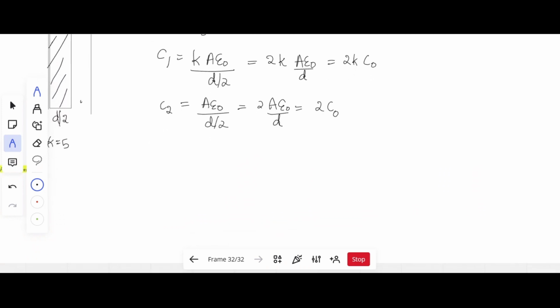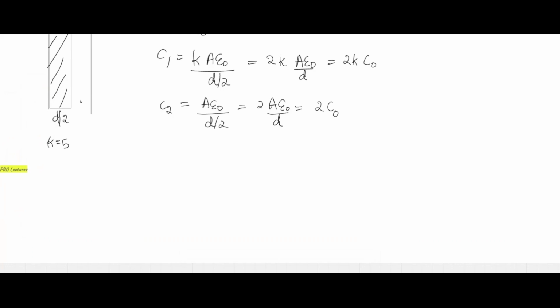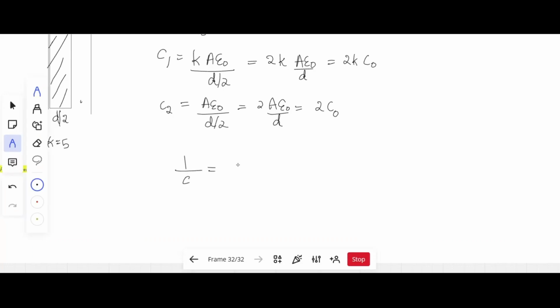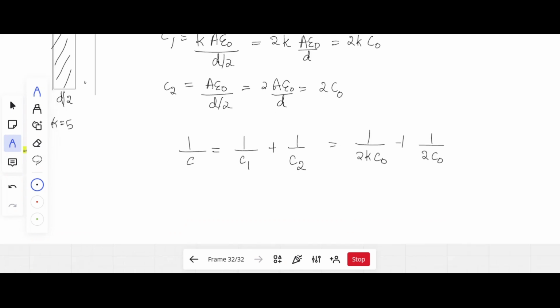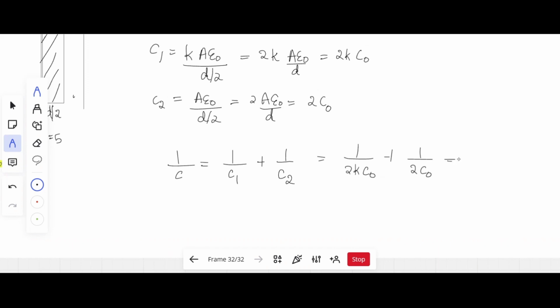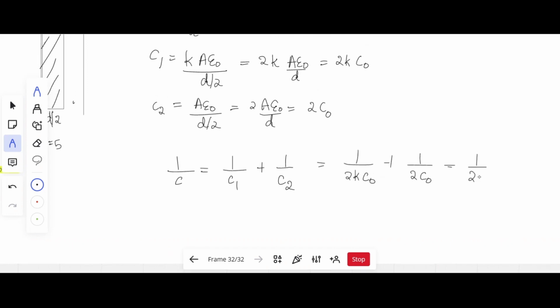We saw that the effective capacitance C for a series combination can be written as the reciprocal of the sum of the individual reciprocals. So substituting, 1 by 2K C naught plus 1 by 2 C naught. If we take 1 by 2 C naught common, we get 1 by K plus 1.